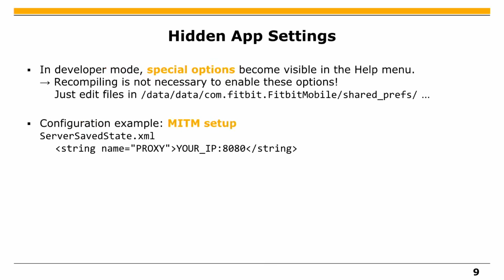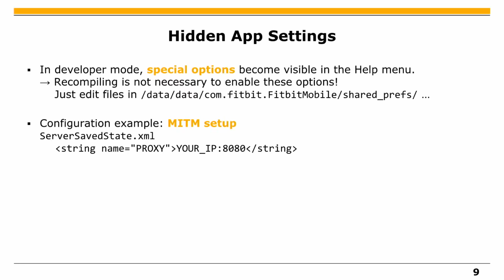And then we found out if you have these debug or developer options, then some more options appear in the menu under the help section, and you can configure additional settings. Those settings are quite nice. Some of them were pretty useful when we did our dissecting of the protocol.